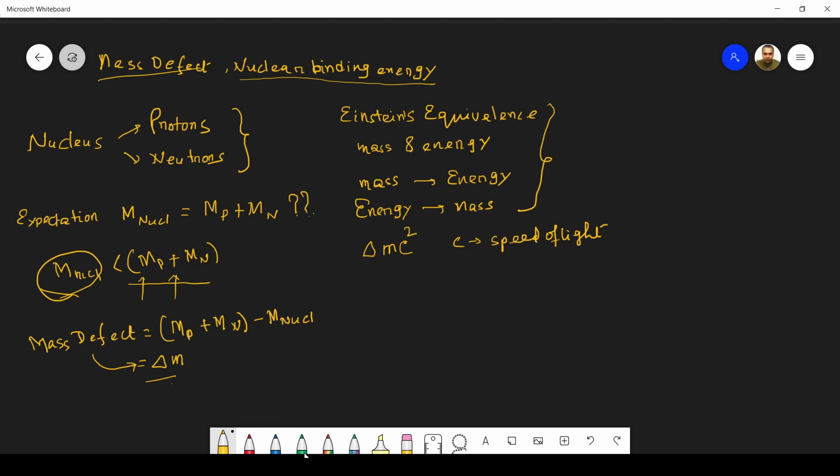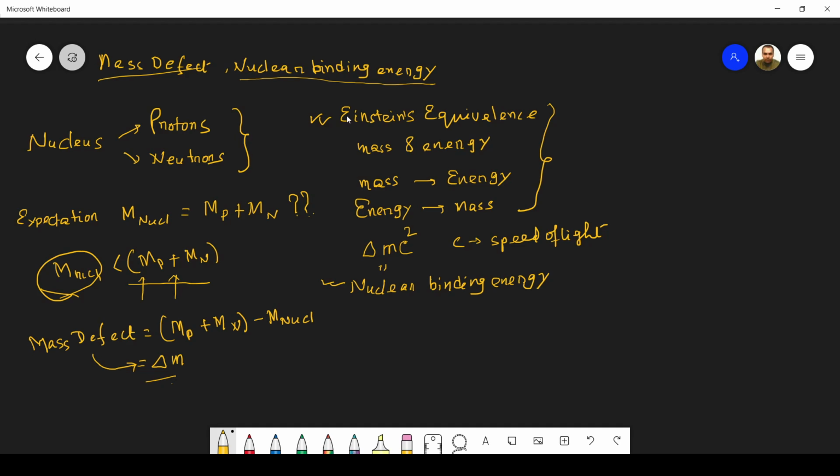This delta m c square is basically the nuclear binding energy. That is how, from the concept of mass defect, we can get the value of nuclear binding energy, citing Einstein's mass-energy equivalence relation.